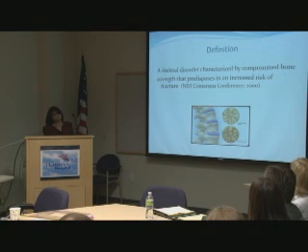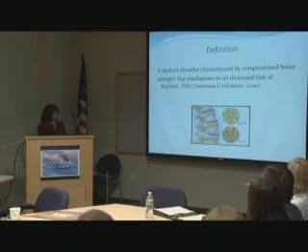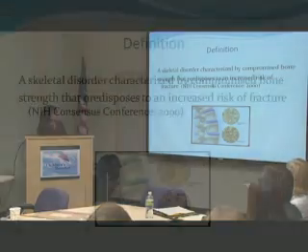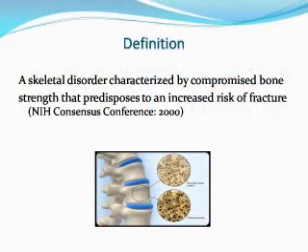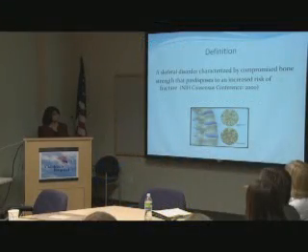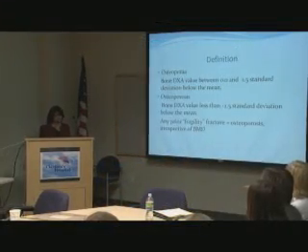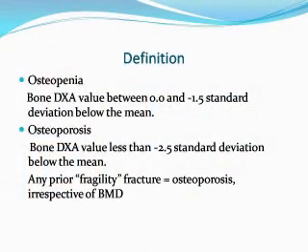So, going through the general definition which came up in an NIH consensus conference on osteoporosis in 2000: osteoporosis is defined as a skeletal disorder characterized by compromised bone strength that predisposes to an increased risk of fracture. But from our clinician's point of view, osteoporosis is defined in terms of the DEXA scan value, which is an advanced form of an X-ray.